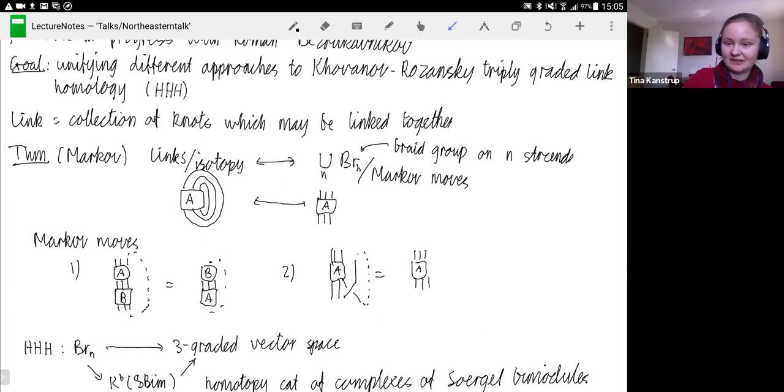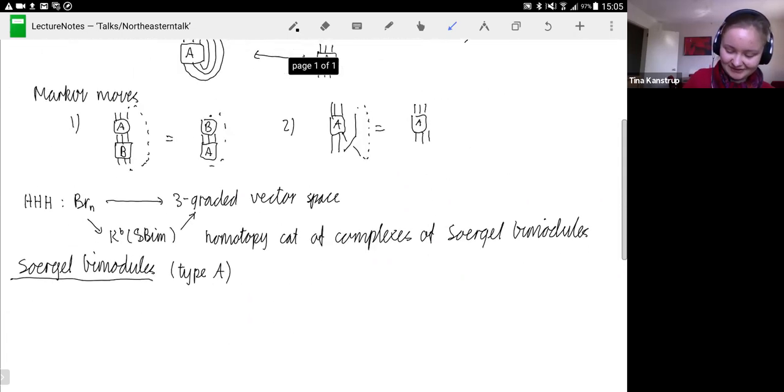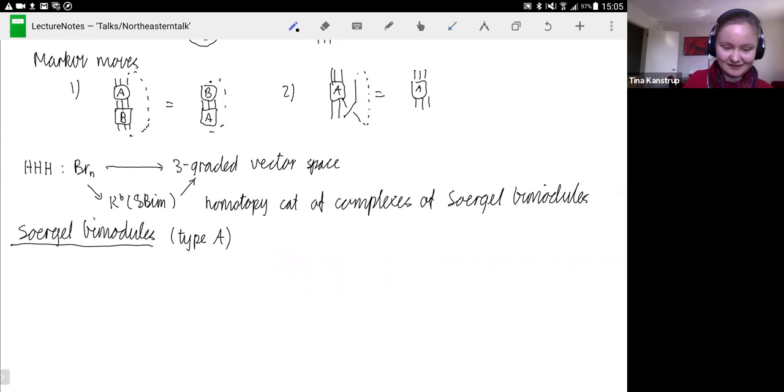I think you can say something about some of the other types, but since I'm not an expert on it, I will not go there. Okay, so let's just do type A. We fix some positive integer n, and then we define R to just be the polynomial ring in n variables.